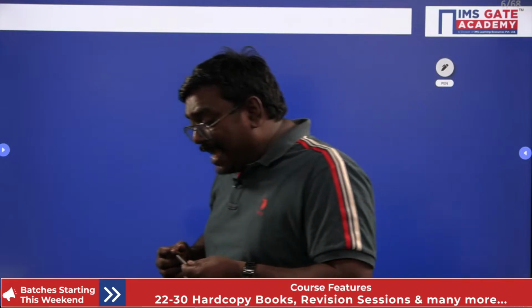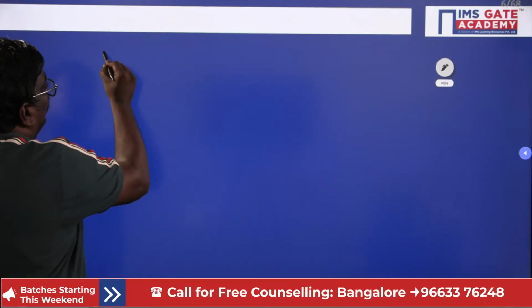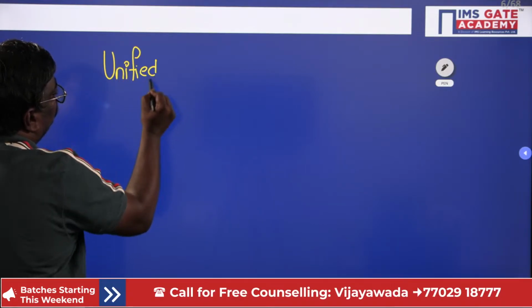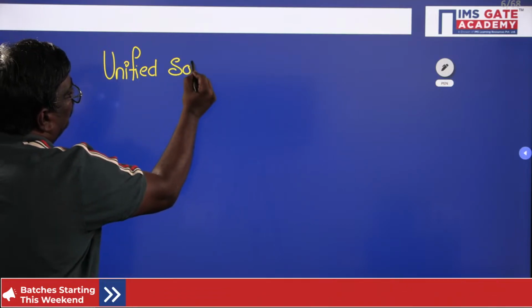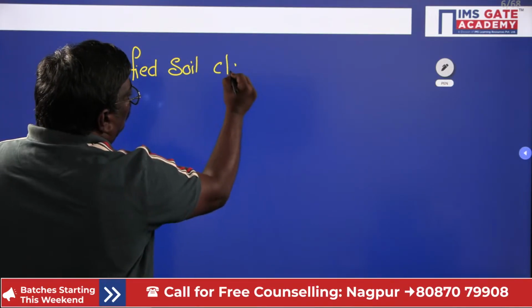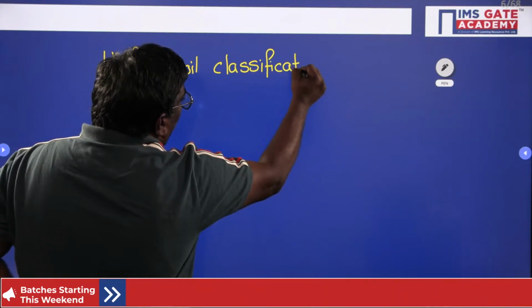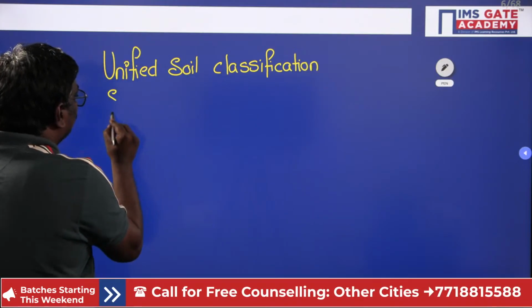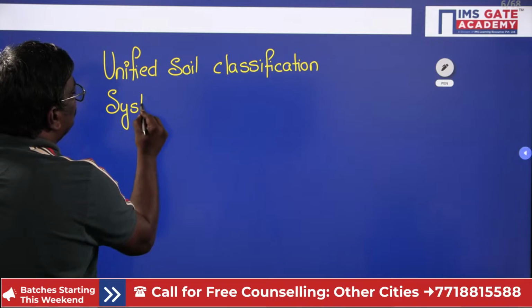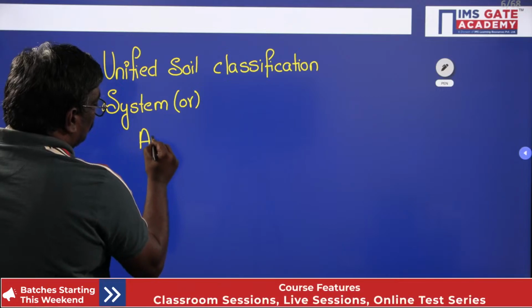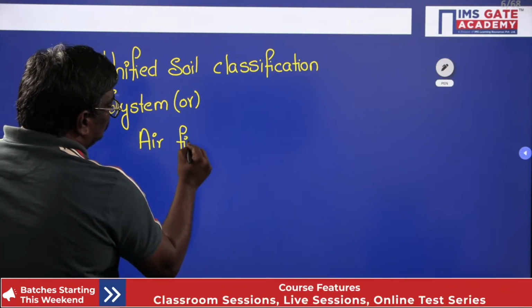Okay. Now, my dear students, we are talking about soil classification systems. Actually, we have a soil classification system called the Unified Soil Classification System. When I talk about the Unified Soil Classification System, this system is also known as the Airfield Classification System. This system is also known as what, my dear student?